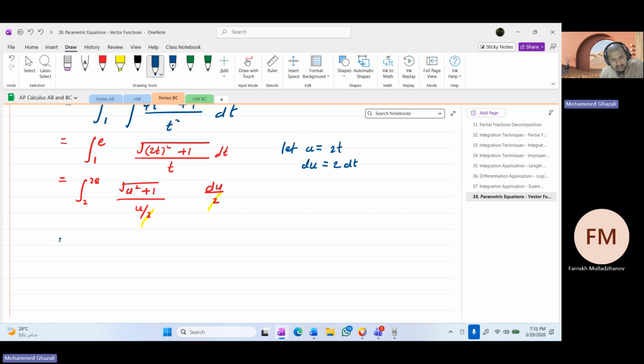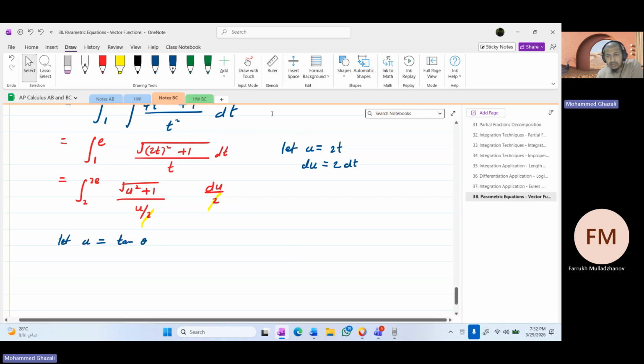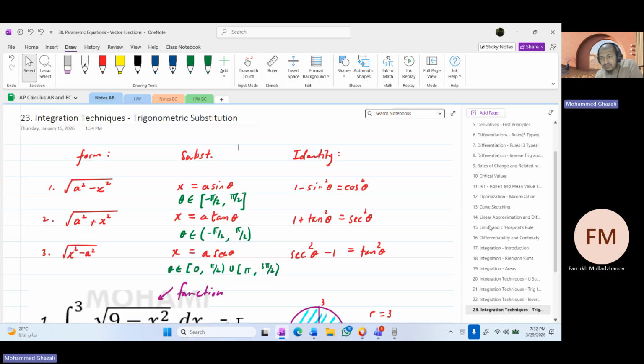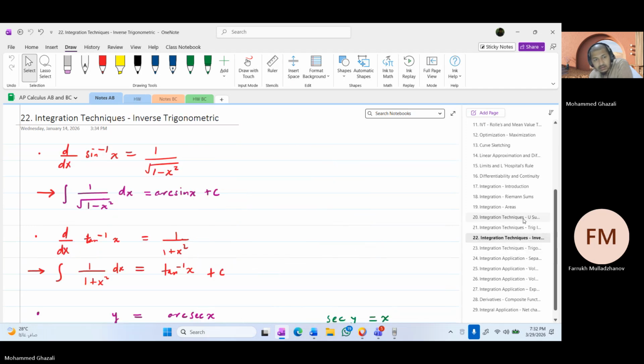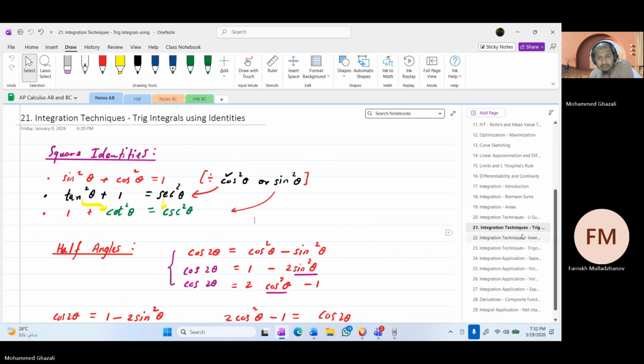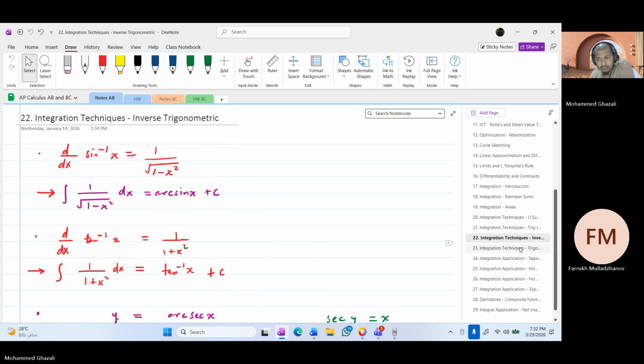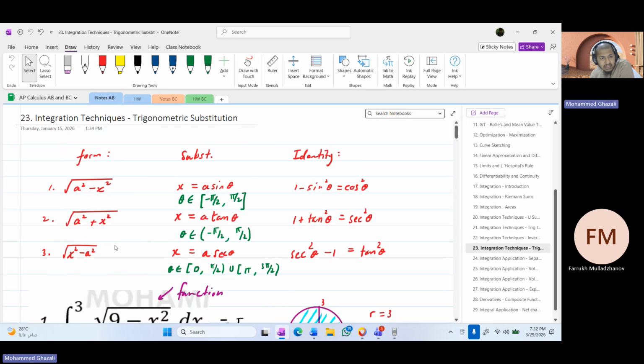So you say let u equal to tan theta. How do you know that? If you go back to your notes on techniques of integration, those square root forms are there: a squared plus x squared, a tan theta.